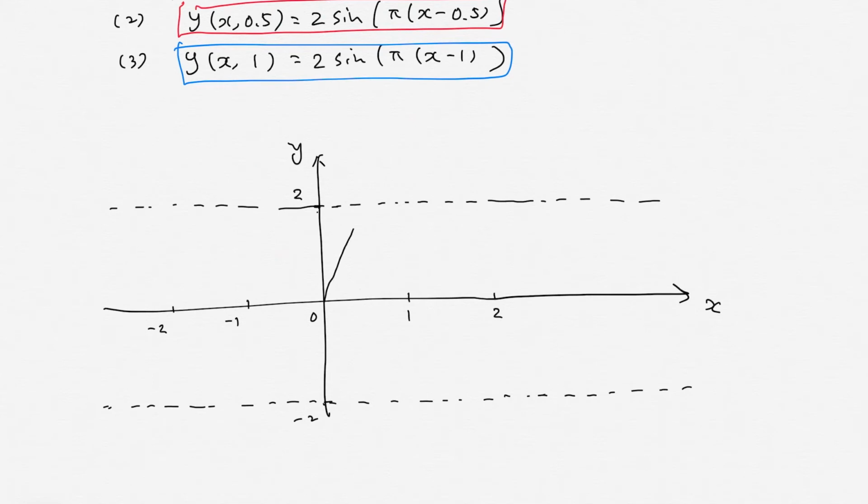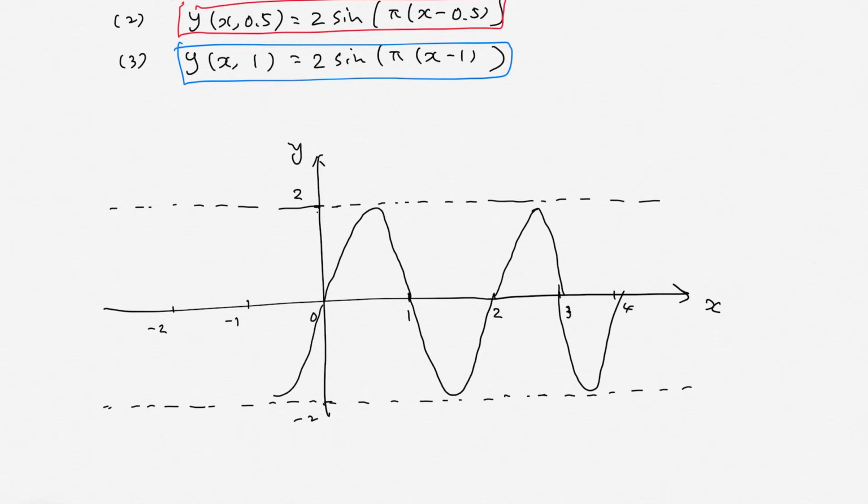So this is a graph for the ones. 3, 4, and the minus 1s, and the minus 2s. This is the graph 1.